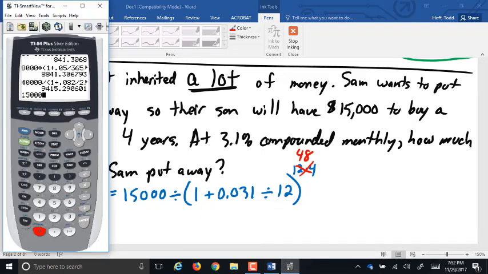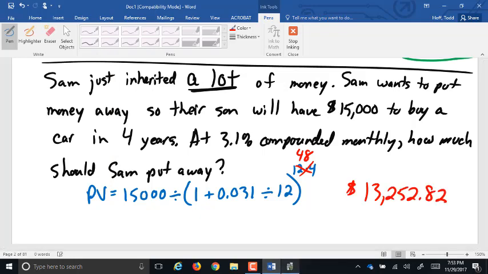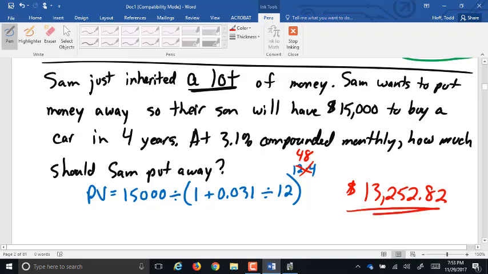So 15,000 divided by 1 plus 0.031 divided by 12 to the power of 48. That is correct. $13,252.82. What do you think?